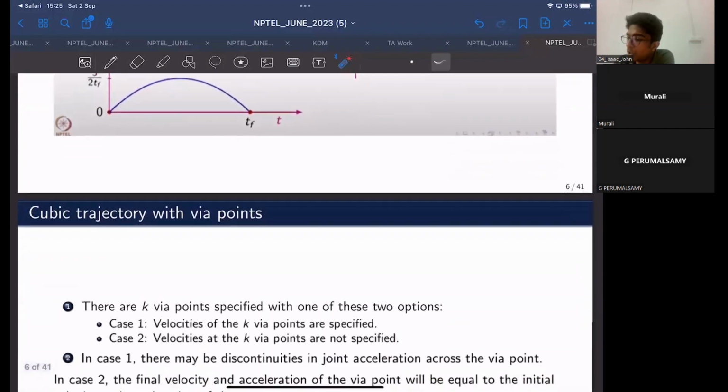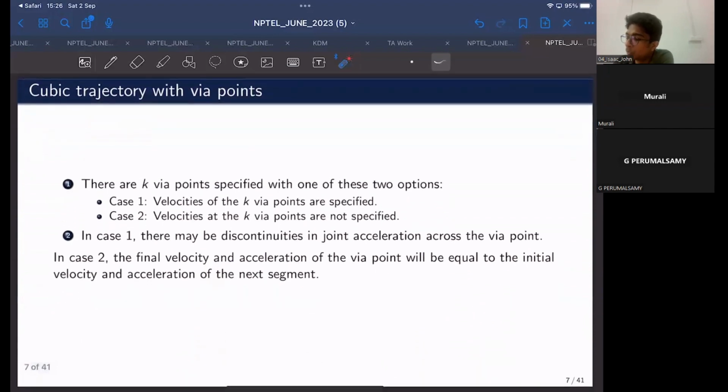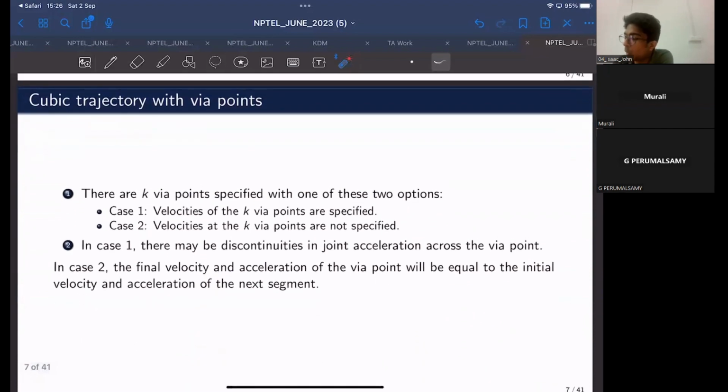Okay, so moving on, if you want to move the robot via a via point. If we have a start position x0, we have a goal position xd, and in between we have some other point called via point xv, right? So you can essentially plan a trajectory in two ways.